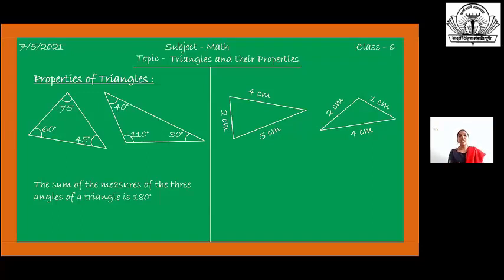It is the sum of any two sides. The sum of any two sides of a triangle is always greater than the length of the third side.